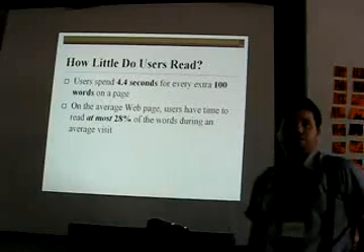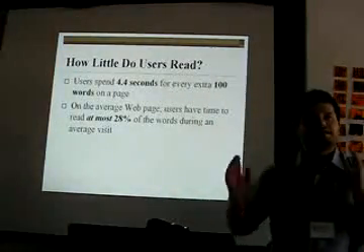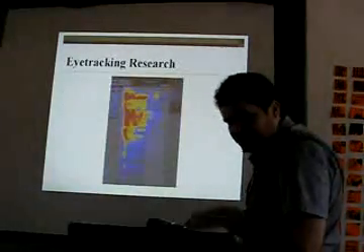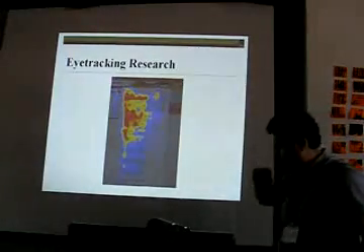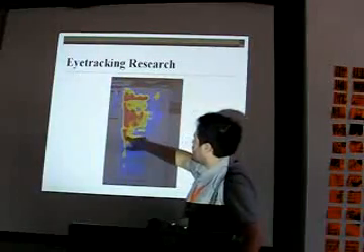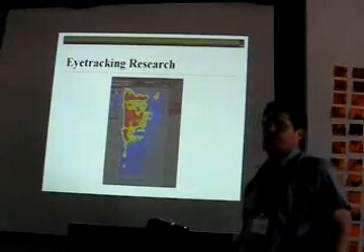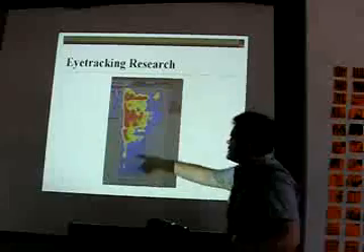So one thing you should always have in mind is that you need to write short and simple for online writing. This is an eye tracking research. These green and red spots are where the eyes of the users mostly get information.